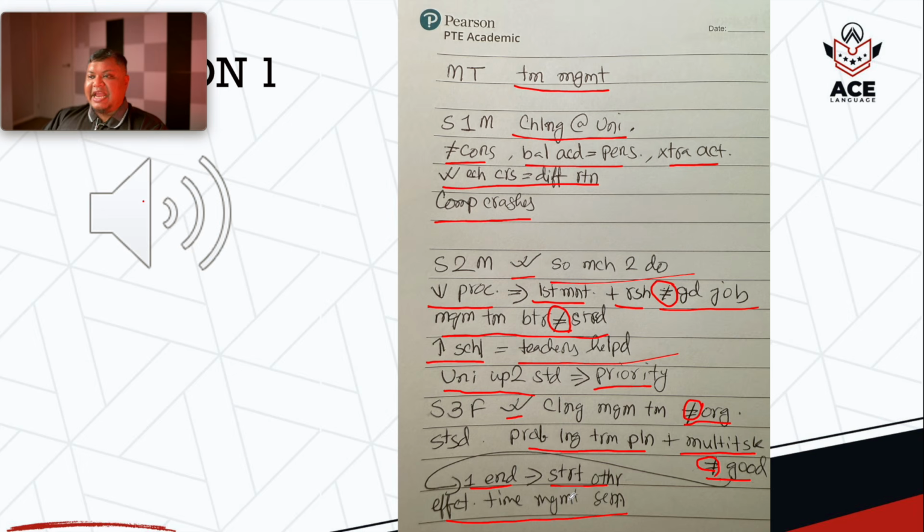He also said that he cannot manage time better and gets stressed. And he finished by saying at school, teachers helped him manage time, but at the university, students need to prioritize themselves. That's the end of my second speaker.